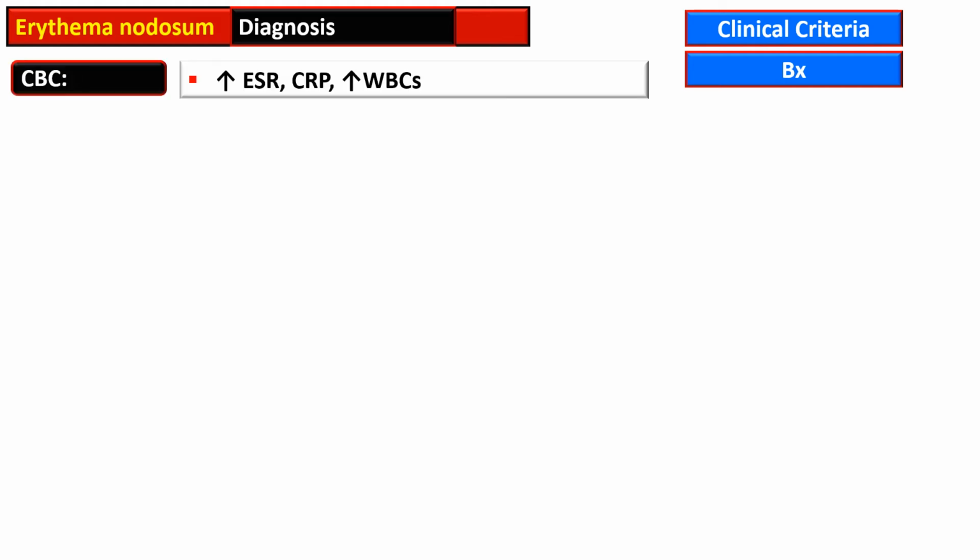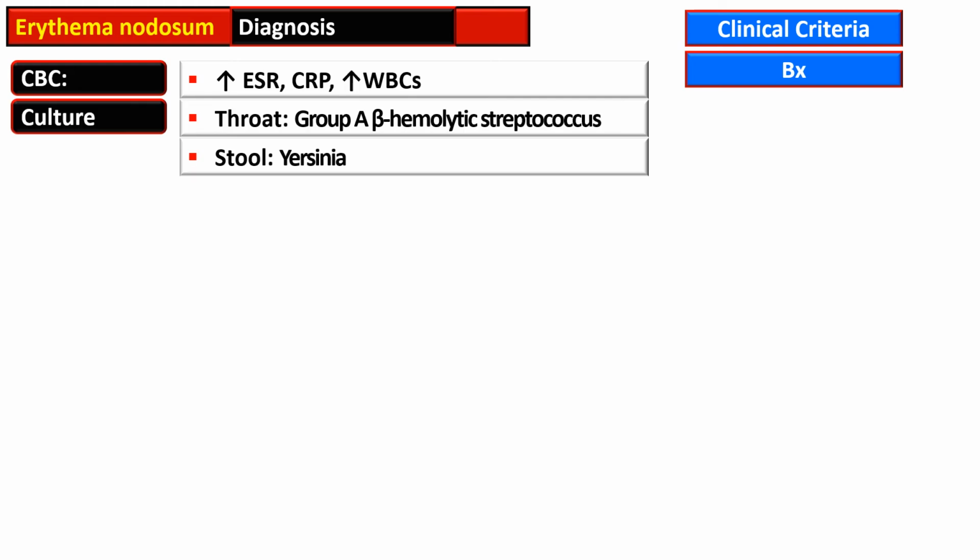The blood picture shows increased ESR, leukocytosis, and C-reactive protein. The culture of the throat, you may get group A beta hemolytic streptococci, or stool may give you clue to Yersinia infection.